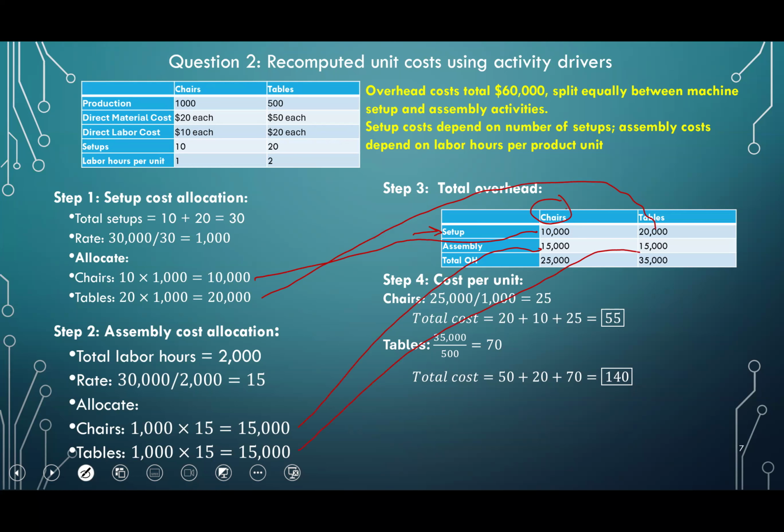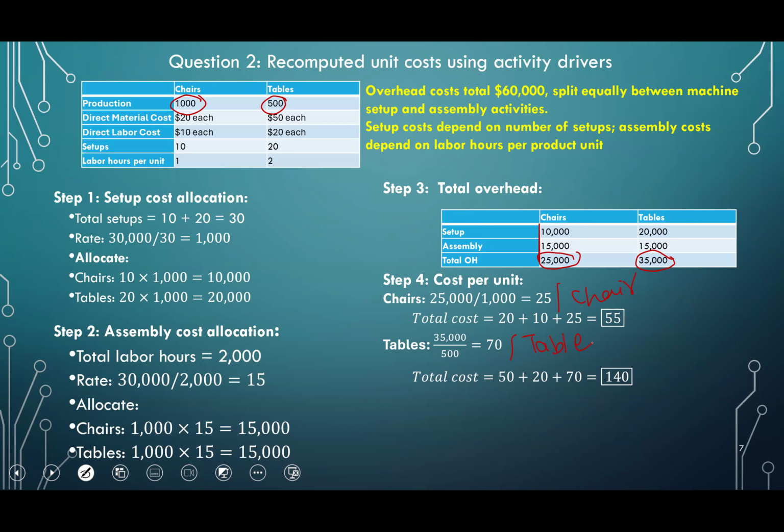So we are just putting them all together for each product. So the total amount of overhead allocated to chairs is 25,000 under the two pools. Total amount is 35,000 for the tables. Once I have 25,000 and 35,000, I divide it by the number of chairs made and number of tables made. So I know this is per chair and this is per table.